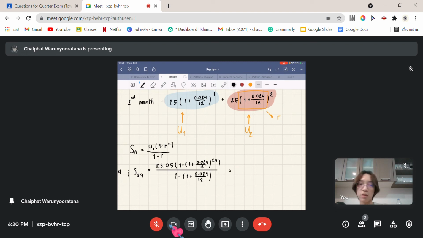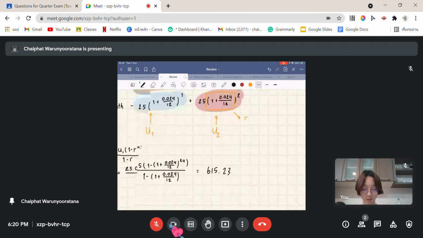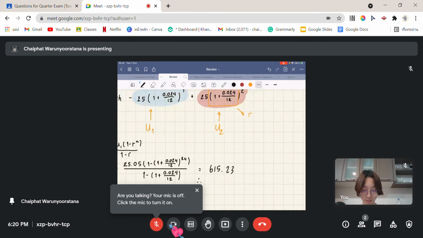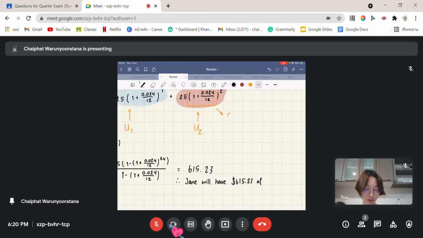Okay, so I typed it in my calculator already and we get 615.23. Therefore, Jane will have $615.23 after 2 years.